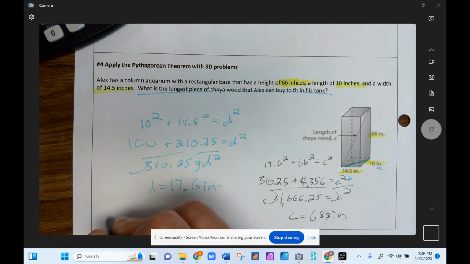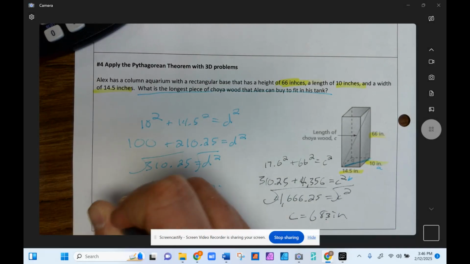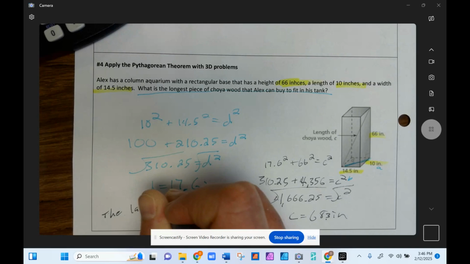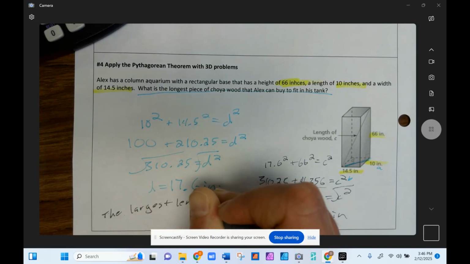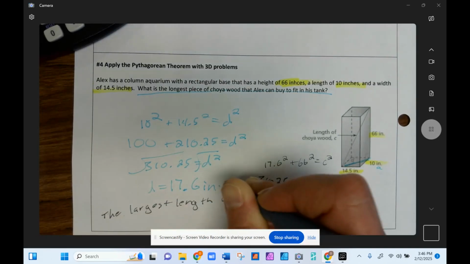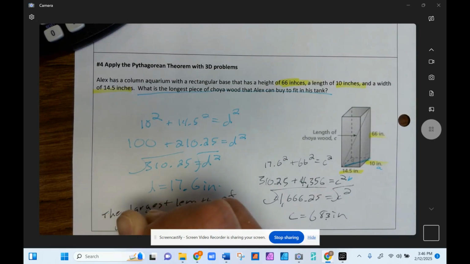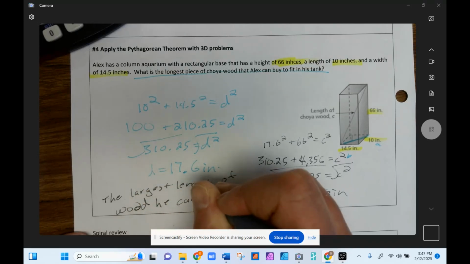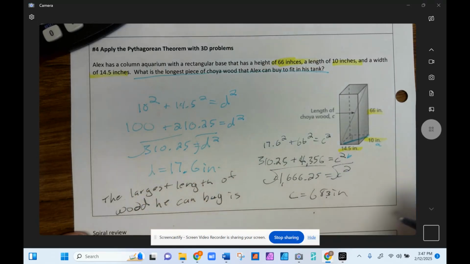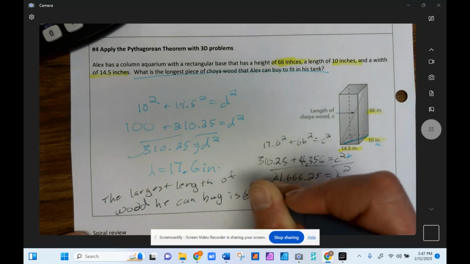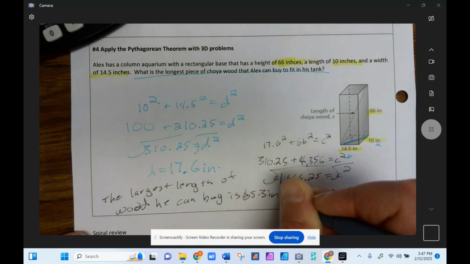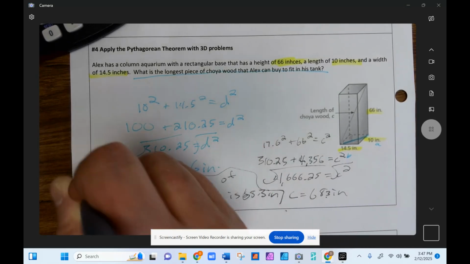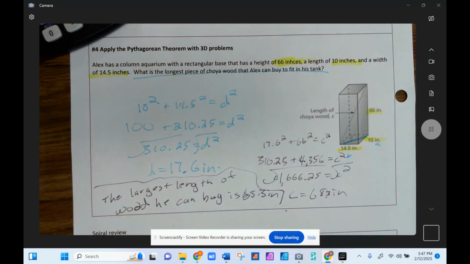Okay, so the largest length of choya wood, or largest length of wood, he can buy is 68.3 inches. Got it. Thank you.